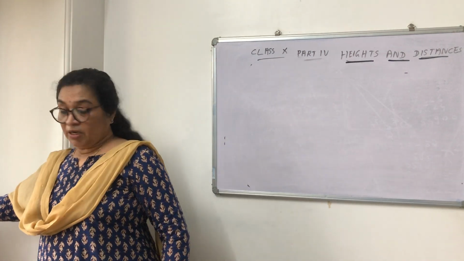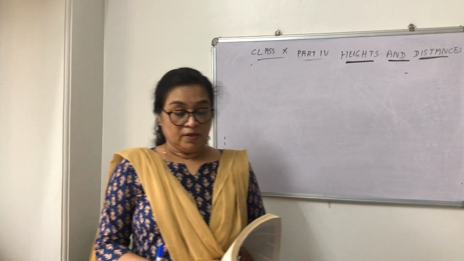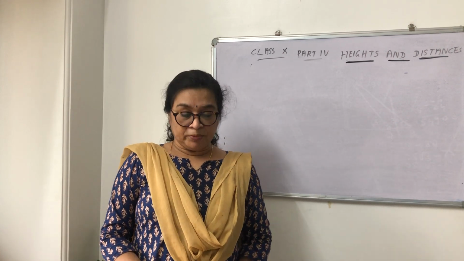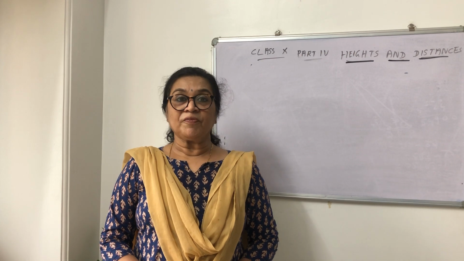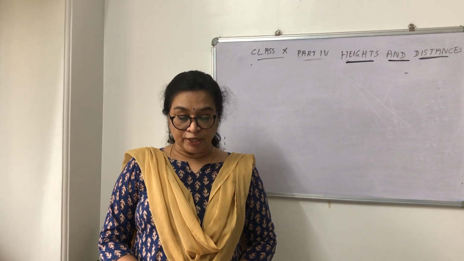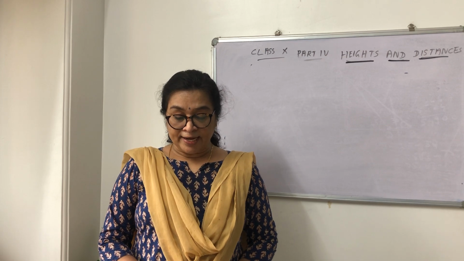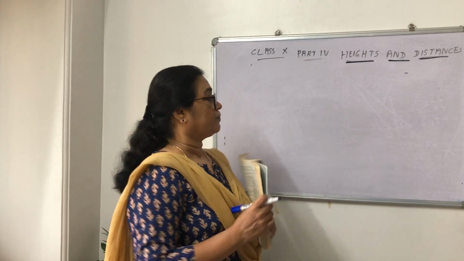Now question number 14. A 1.2 meter tall girl spots a balloon moving with the wind in a horizontal line at a height of 88.2 meter from the ground.